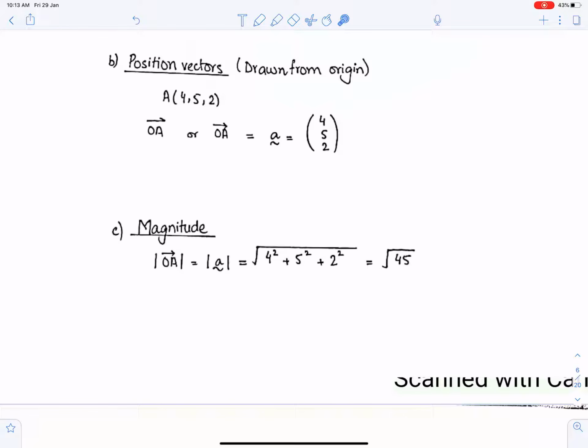In small letters, we write a vector like this. We make this notation. This means this is vector OA. And this is the column vector form of this vector. In ijk form, you can write this as 4i, 5j, and 2k.